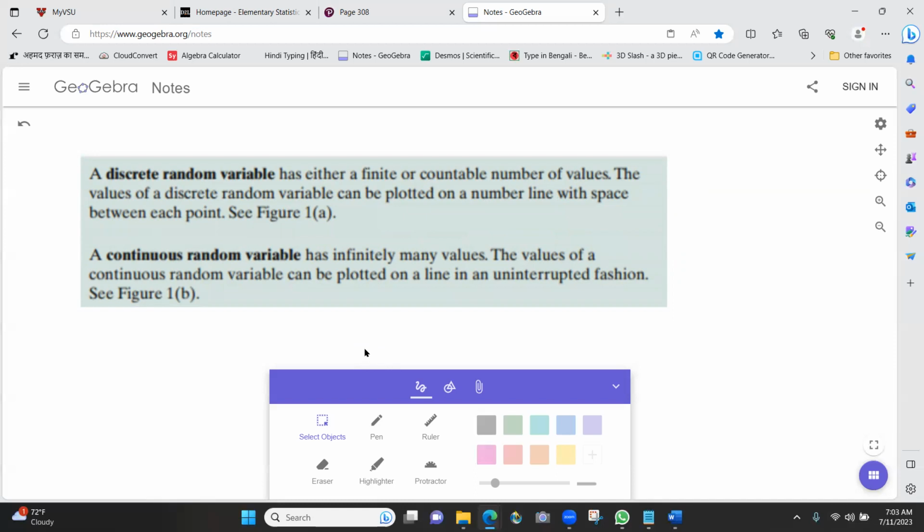Continuous would be like somebody's weight. It could be anything between 10 and 20 and everything in between. But don't worry about the definition of continuous random variables. We'll go over it when we do it. Discrete random variables can take values that are discrete, like 0, 1, 2, 3, 4, 5.